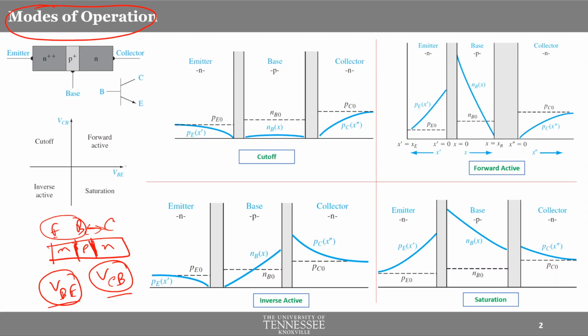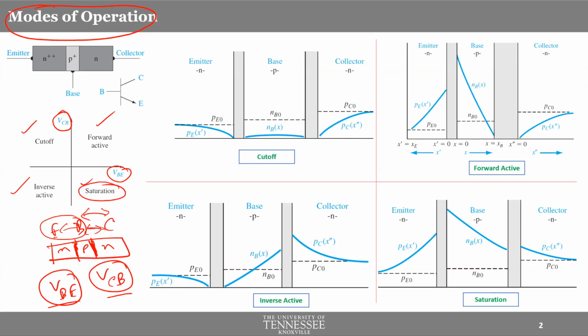So if you look at the possible combinations of VCB and VBE, you could have forward active, cutoff, inverse active, saturation. From a high level perspective, if the emitter-base junction is forward biased and the base-collector junction is also forward biased, so both of these are forward biased, then we have what's called the saturation mode.